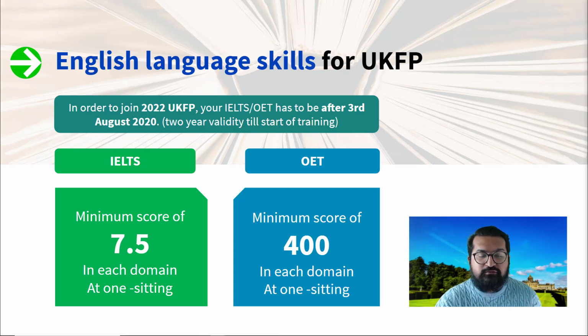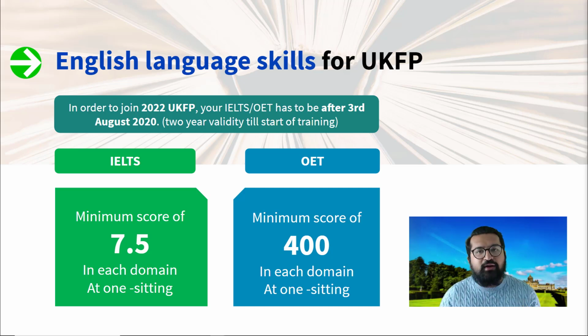So you have to note that this requirement is a bit higher than getting GMC registration in general. The GMC registration requirement is a bit lower, which is 7.5 overall, but minimum 7 in all modules. And OET is grade B, which starts from 350.